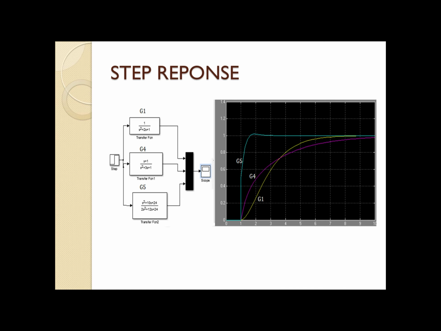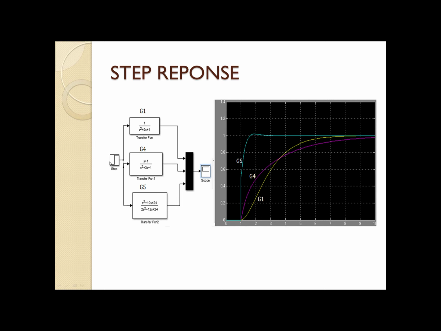Next, we are getting the step response of these three systems. So this G1 is basically the first system which has only 2 poles, and this G4 has 2 poles and 1 zero, and G5 is the transfer function which has 2 zeros.